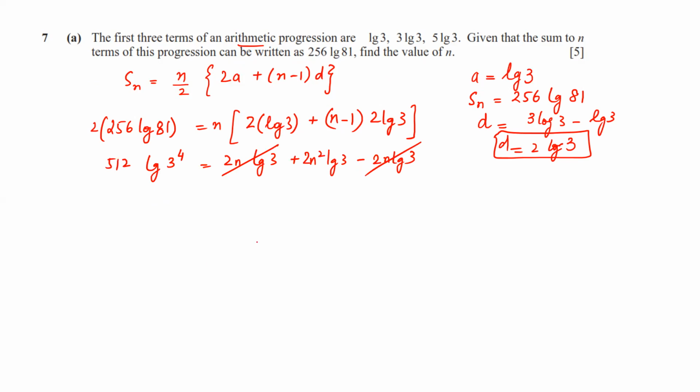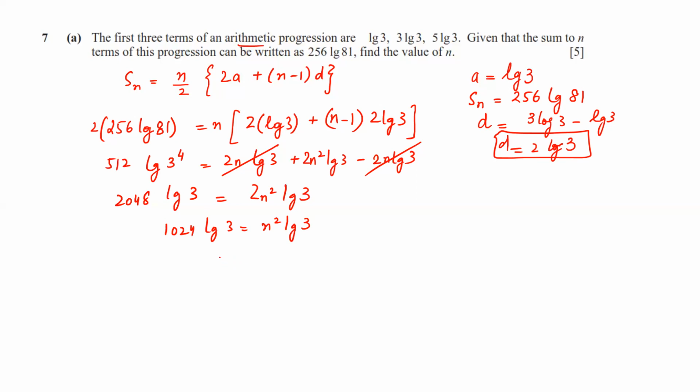So this comes out to be 2048 natural log of 3, we get 2n square log of 3. So it comes out to be 1024 log of 3 is equal to n square log of 3.